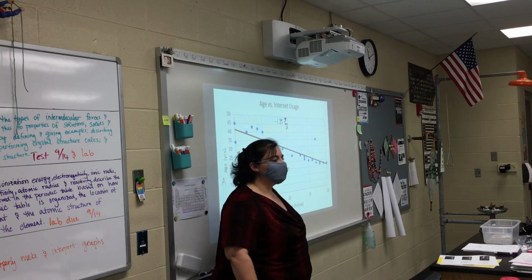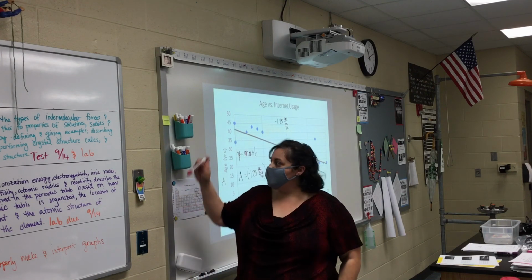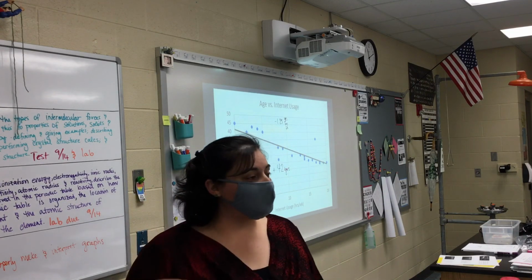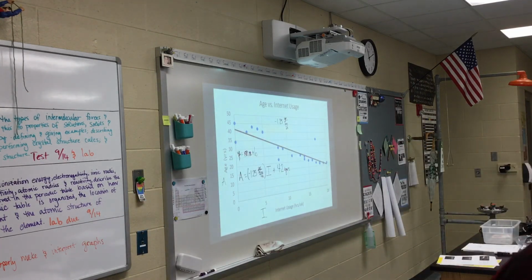Is it going to be right 100% of the time? No. And that's because the data we have doesn't fit that line perfectly. And there's a lot of variation in people. My father-in-law this morning learned how to use a smartphone for the first time ever. Okay?